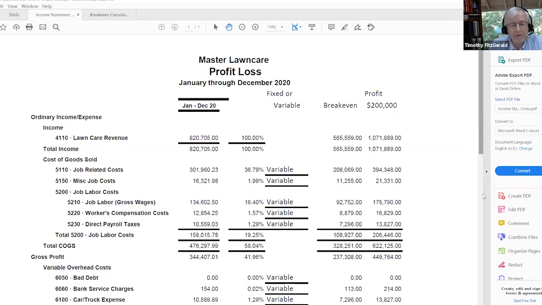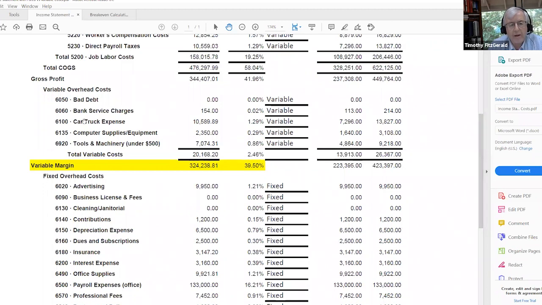Now we're coming down to the overhead part, and this is where there's some variable in overhead, because these expenses here are going to go up and down based on revenue generally, and it's not always perfect, and sometimes there's some mixed things in there, but generally this is going to be the case. And this is where we come down to this variable margin, and that's strictly the gross profit less your variable cost equals your variable margin, and then here's our variable margin percentage.